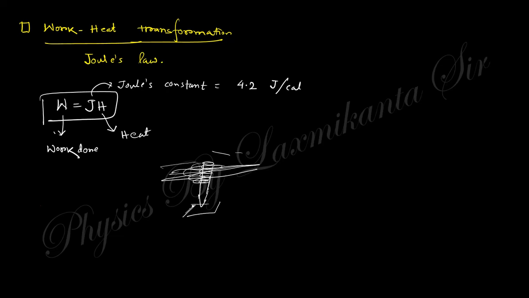What happened when this work is done? Due to this work done, heat is produced at this point. So you can see this work done is converted into heat. This is the origin of this law.